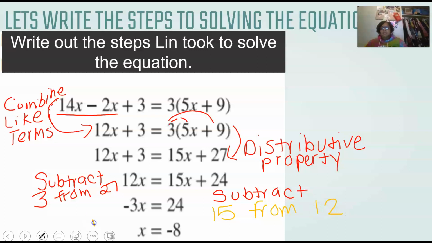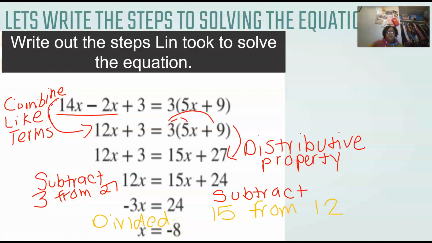And then she divided. Those are all the steps she took to get to x equals -8. With all those steps, she was able to solve for x.